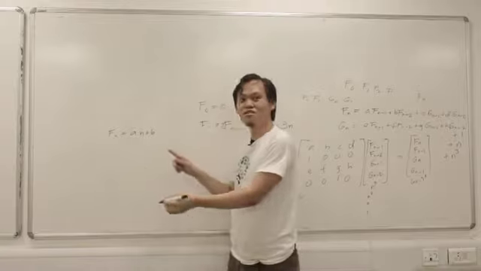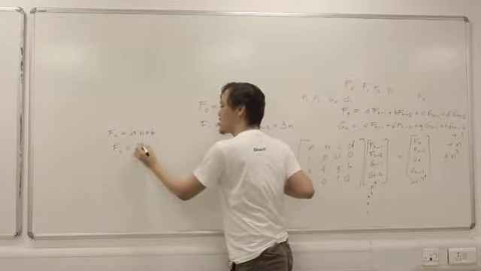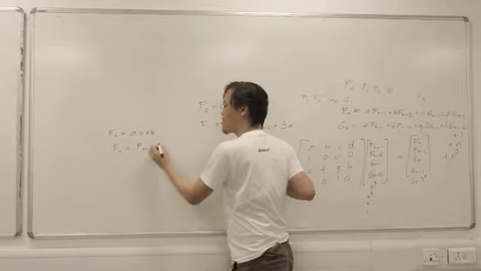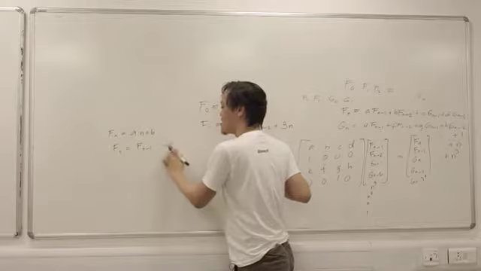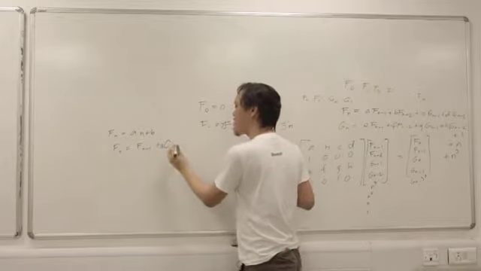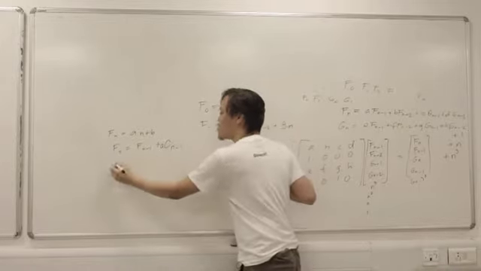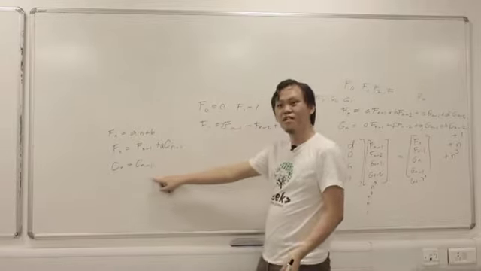Actually, we can also write f of n equals f of n minus 1 plus a. We can write a sequence like this: cn equals cn minus 1, and cn is just a constant sequence.